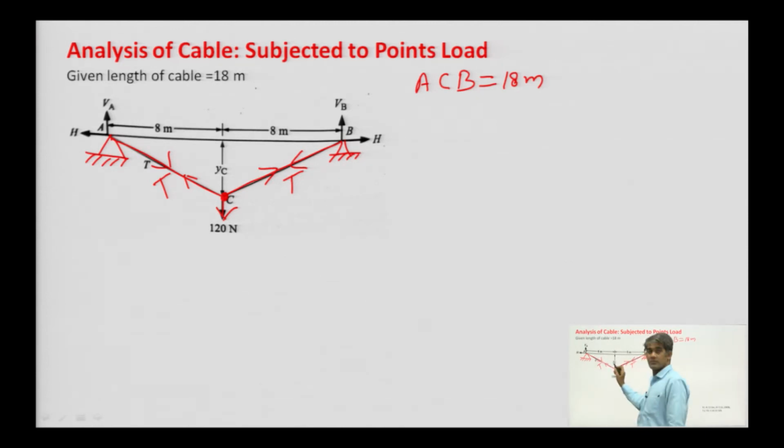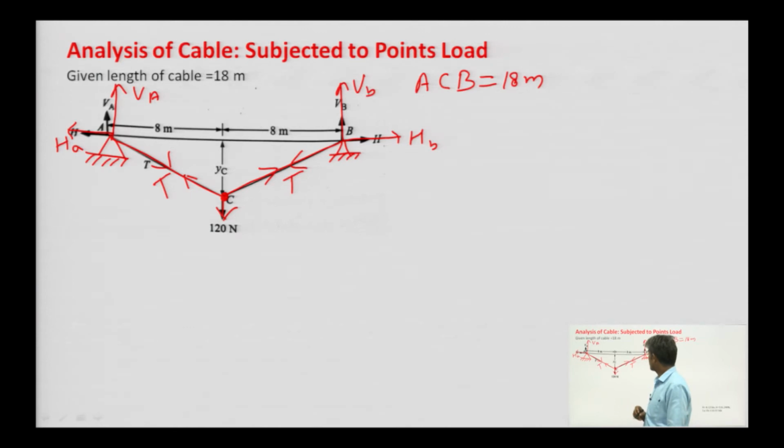One unknown is T, tension here, and another unknowns are the support reaction V A, and another is horizontal reaction H A, and this one you can say H B, this is vertical reaction V B.